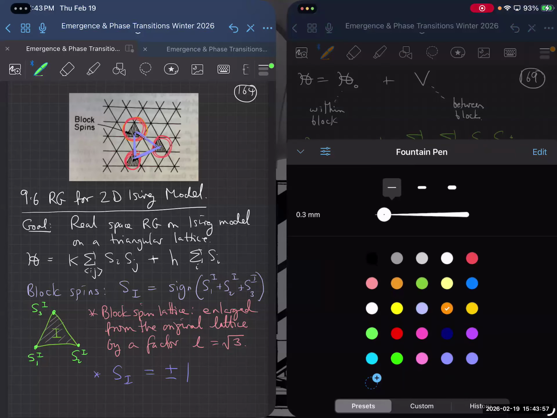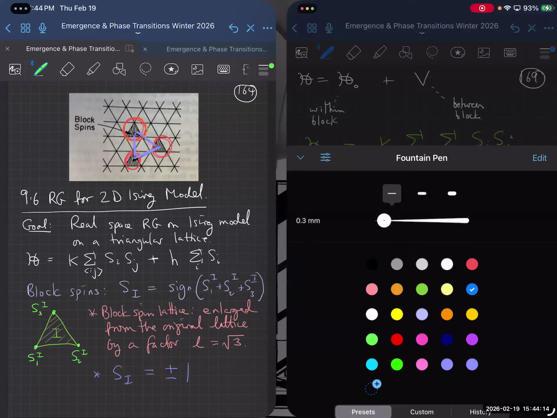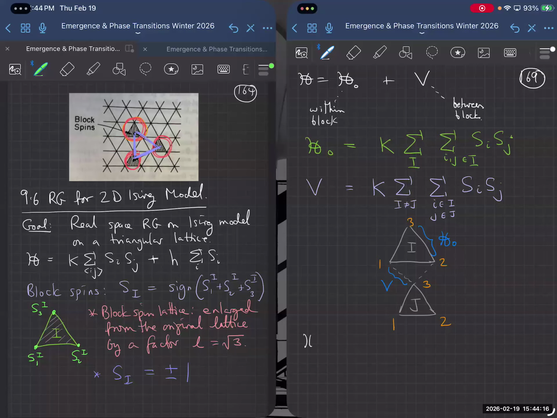So if I want to know what is the H naught, that would be this sort of interaction. And if I want to know what is the V, that would be this interaction. Okay. So we're going to treat H naught as our unperturbed Hamiltonian, and V as our perturbation.